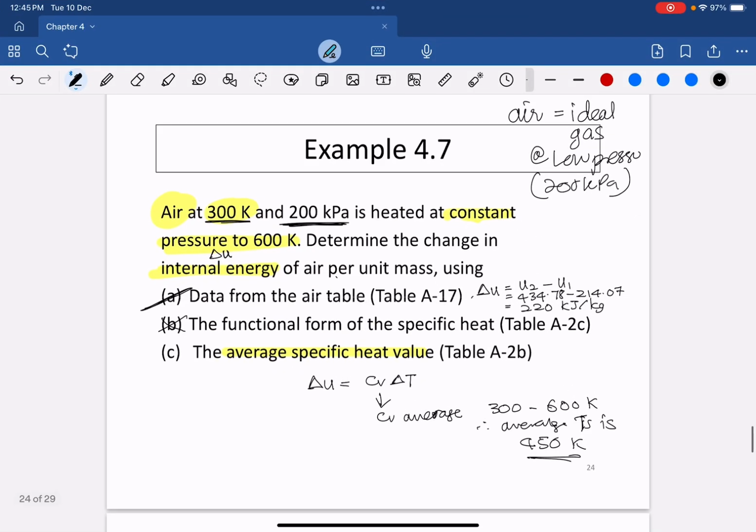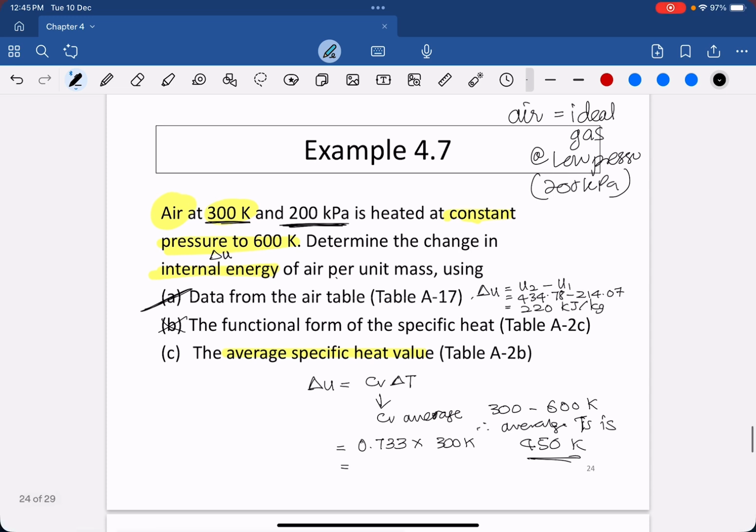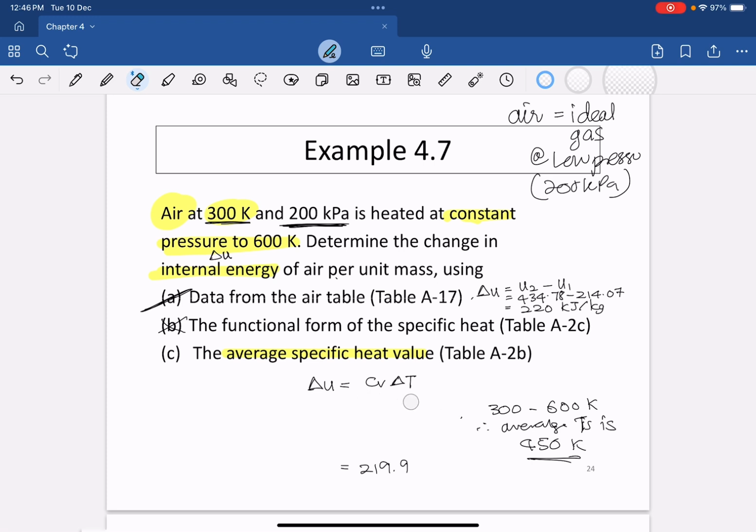So this equals 0.733 times the temperature difference, which is 300 Kelvin. So 300 times 0.733 gives 219.9, in kilojoules per kilogram.